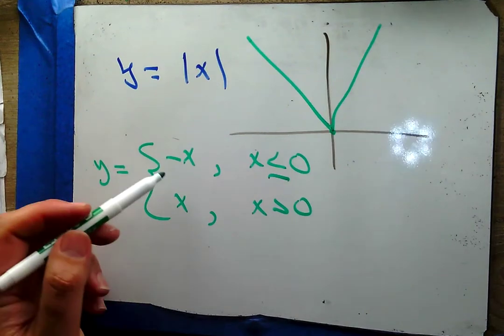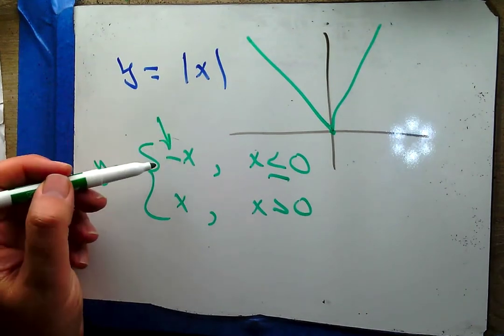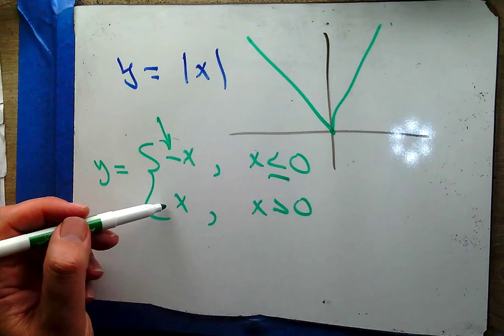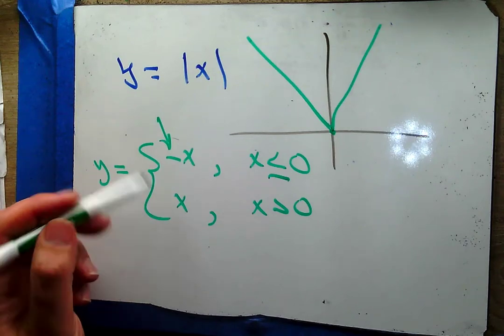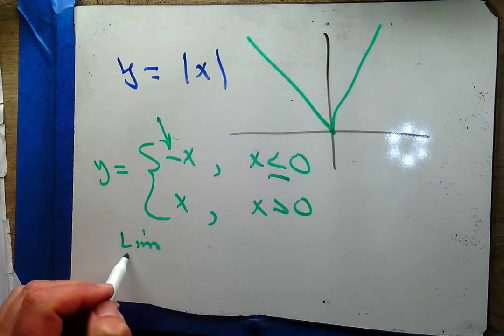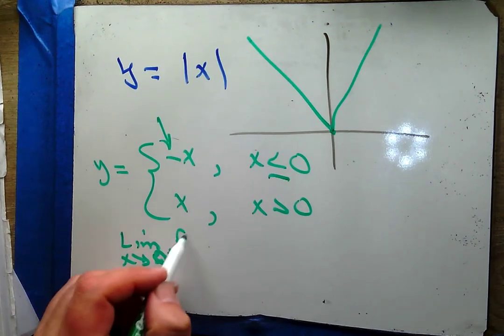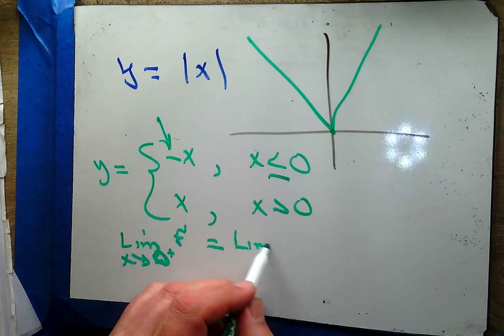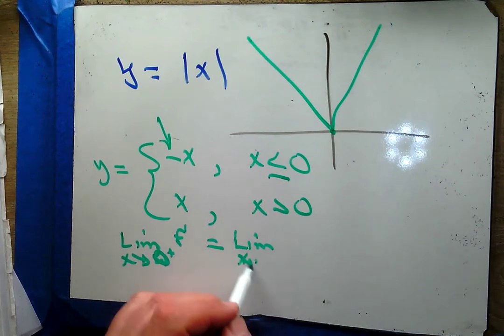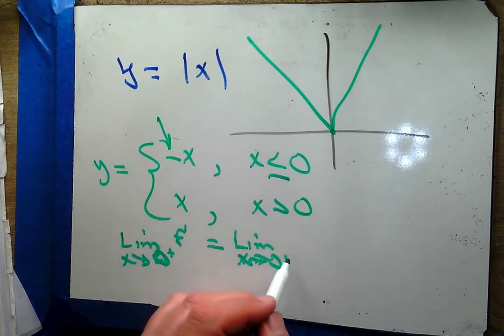Okay, but look here, what's the slope of this line? The slope of this line is negative 1. What's the slope of this line? Positive 1. Is it true that the limit of the slopes as x approaches 0 from the positive is the same as x approaches 0 from the negative?